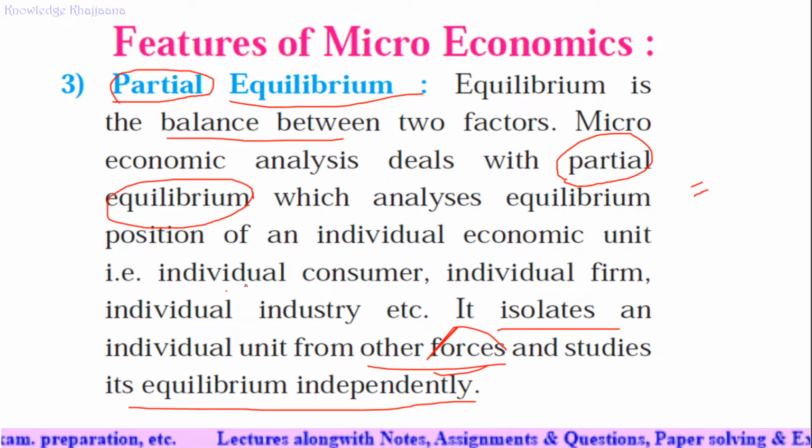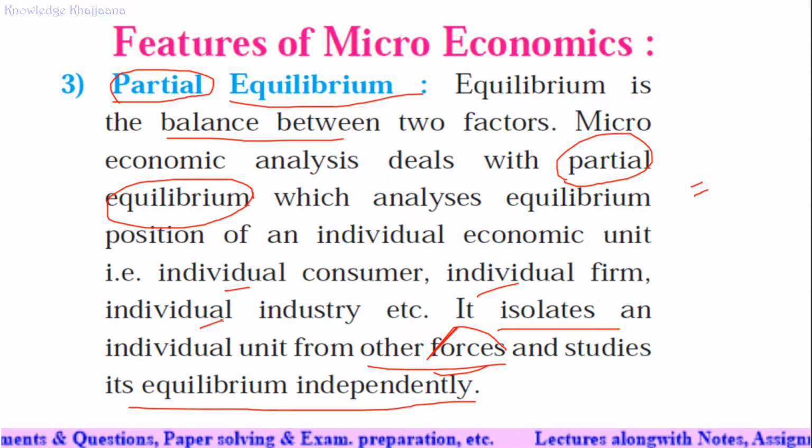It studies only an individual consumer, only an individual firm, only an individual industry. So it becomes partial to the specific consumer, partial to the specific firm. That's why the equilibrium which is achieved is not the full equilibrium, it is a partial equilibrium.